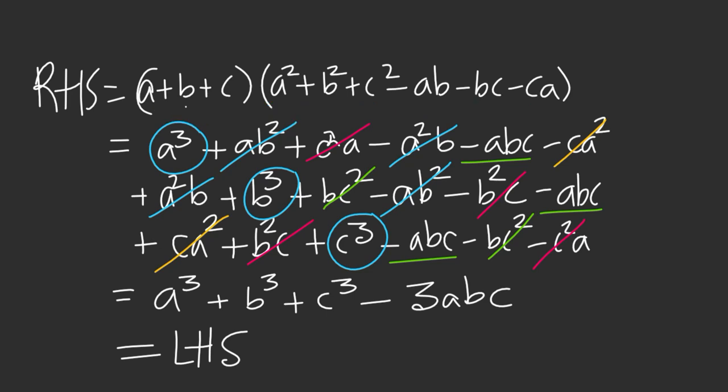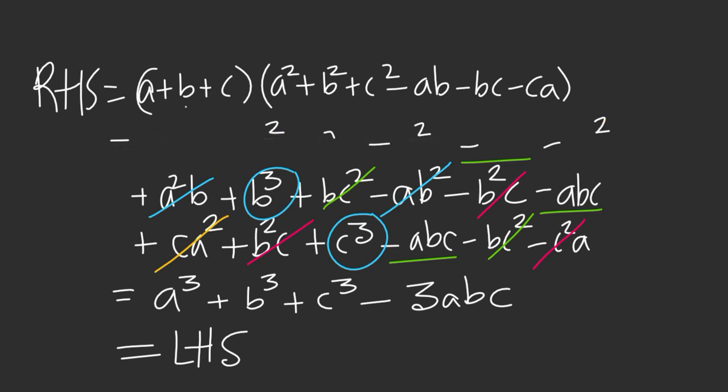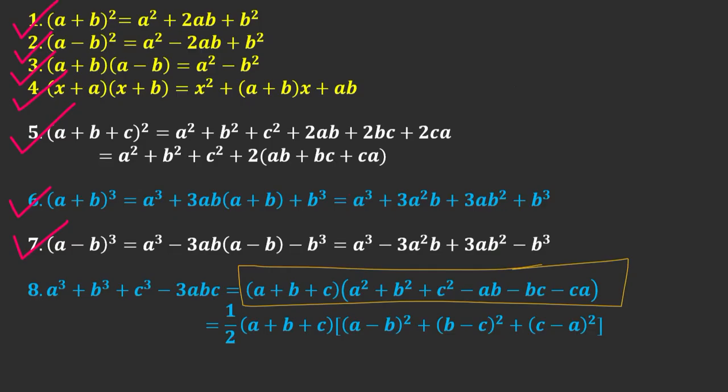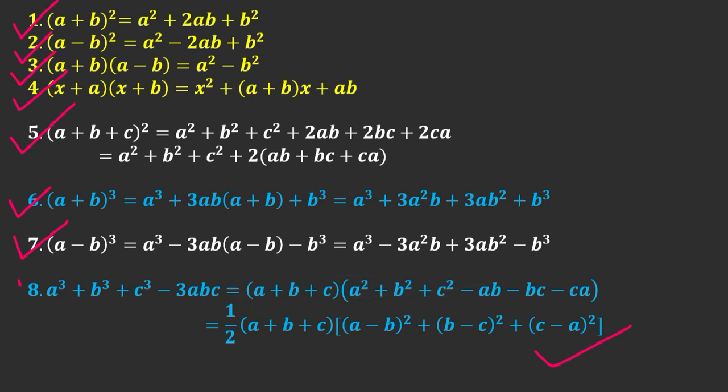Okay, now we need to also prove the next part, that is this part. The first part is already done, right? This part is already completed. We need to do the second part, that half into a plus b plus c into a minus b whole square plus b minus c whole square plus c minus a whole square.